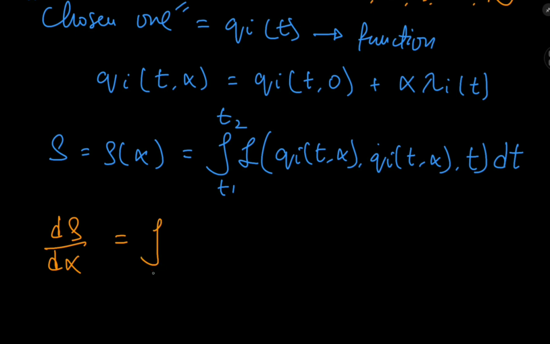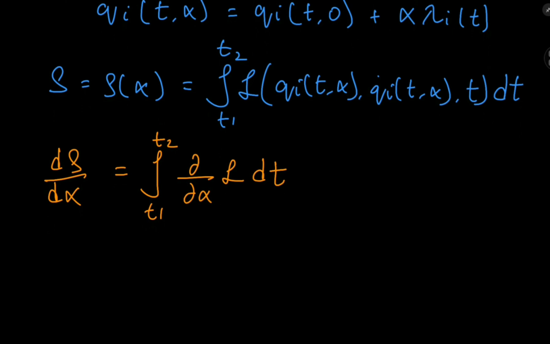So in that case, we're interested now in the partial derivative with respect to alpha of the Lagrangian L, and using the chain rule, we're going to get this structure here.